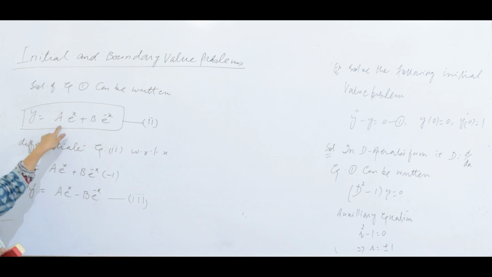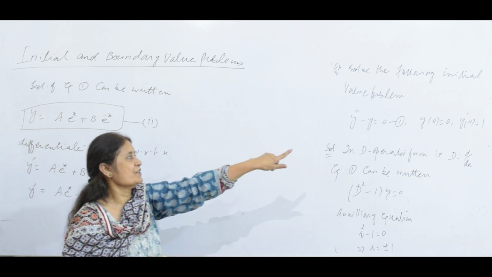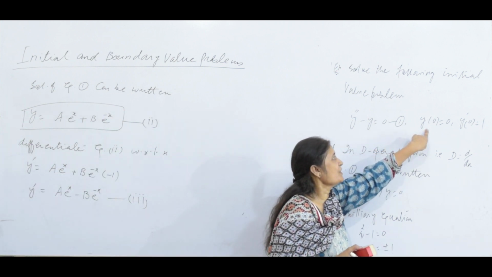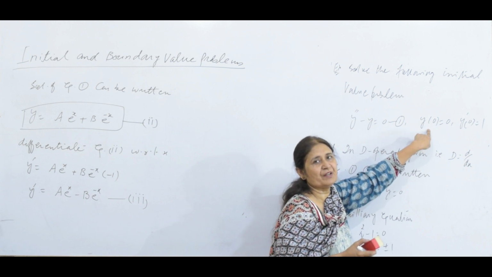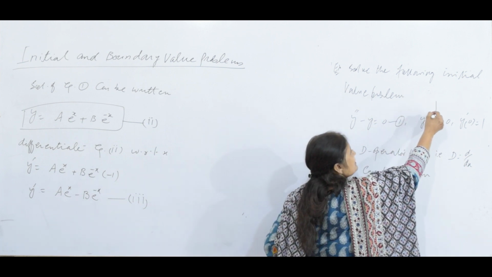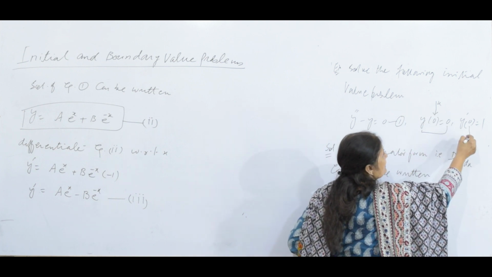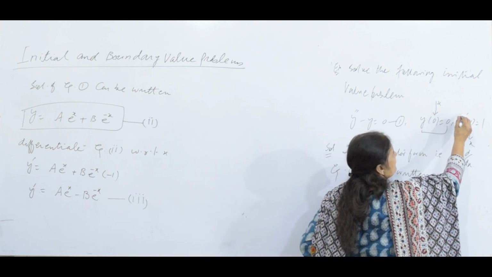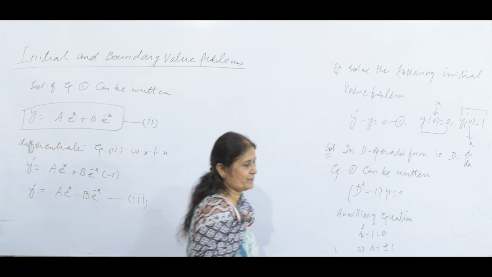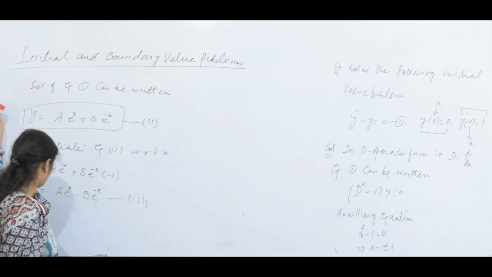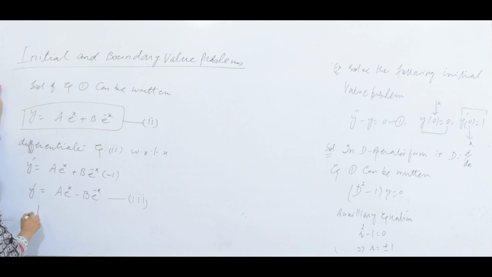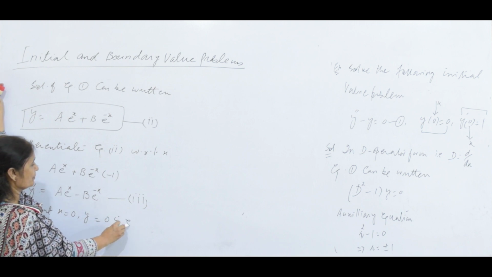A and B are two constants. Let me apply the conditions one by one. y of 0 is 0. It means this is my x and this is y. Similarly, this is independent variable x and this is y prime. Put x equal to 0, y equal to 0 in equation 2.